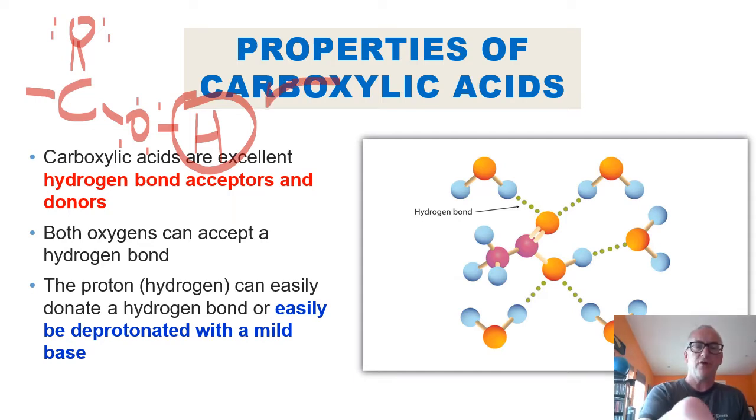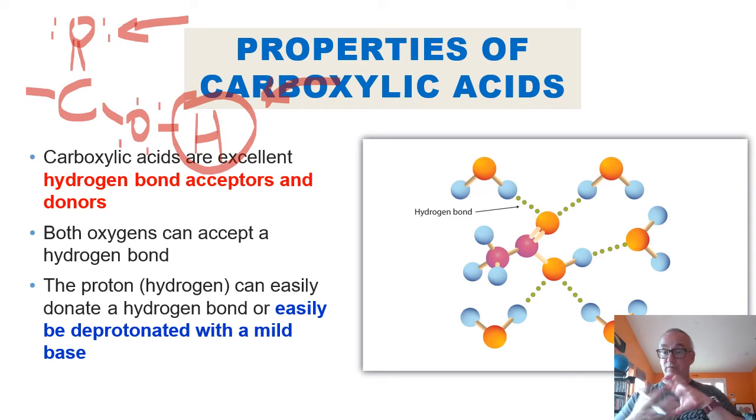So here's the donor hydrogen, and then this is an acceptor. So it can form really, really complex patterns of hydrogen bonds. And that also explains why carboxylic acids have such high boiling points, because they form these hydrogen bonds really well. So this proton can easily be deprotonated even with a mild base.